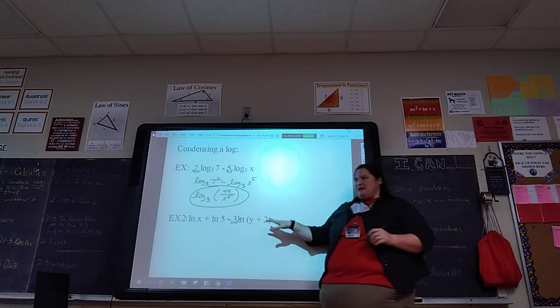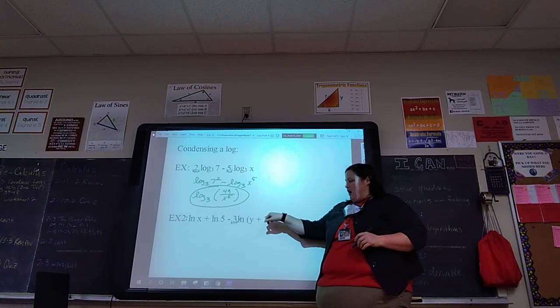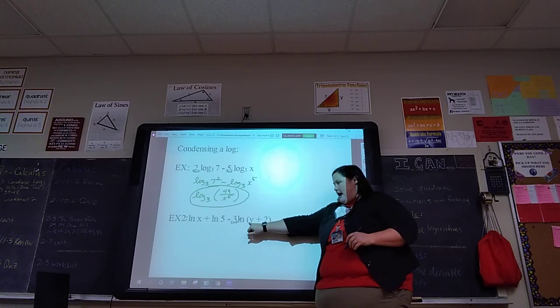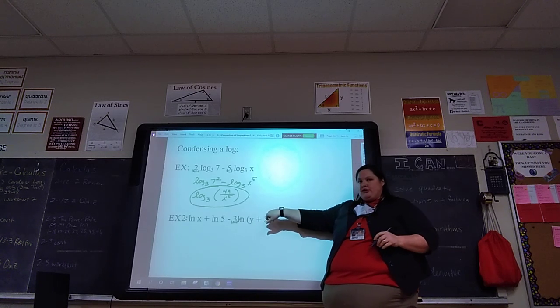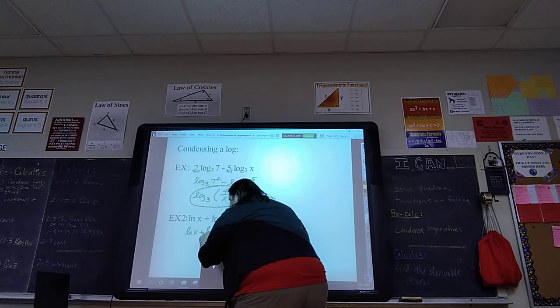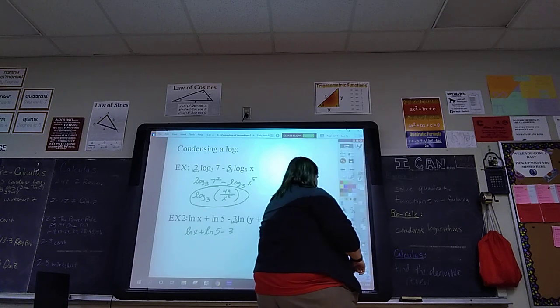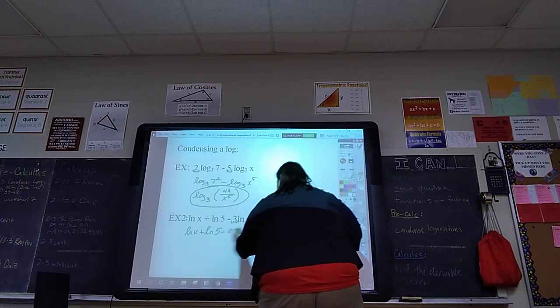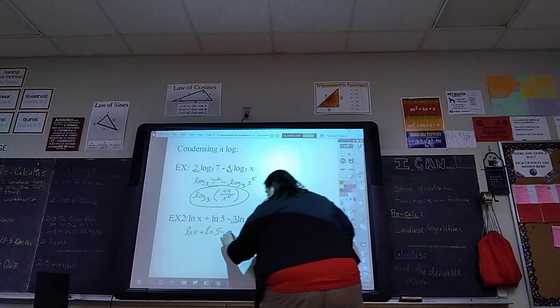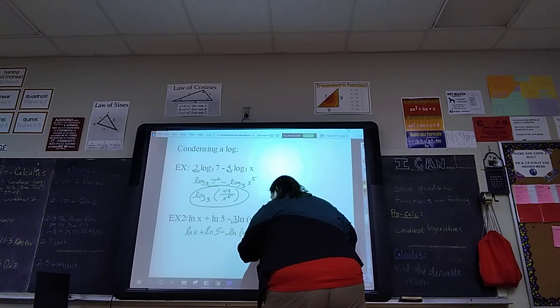Now if you notice, this ln already has multiple things, so that exponent is just going to go on everything. So this can now become y plus 2 to the third power. So this ln hasn't changed yet. This ln hasn't changed yet. That 3 is no longer there. This is now going to be ln of y plus 2 to the third power.